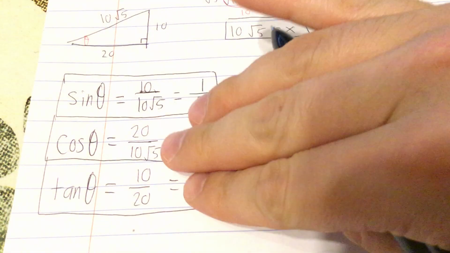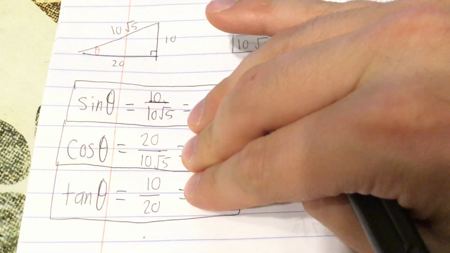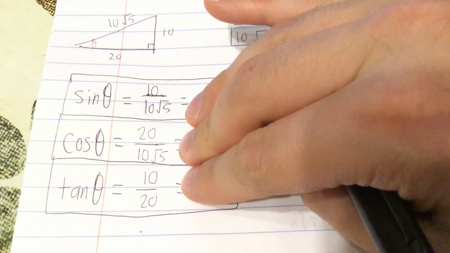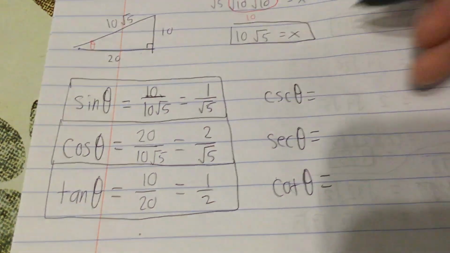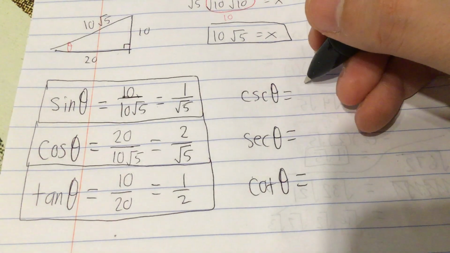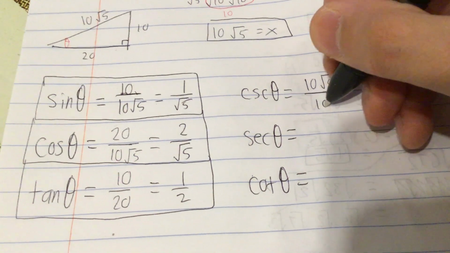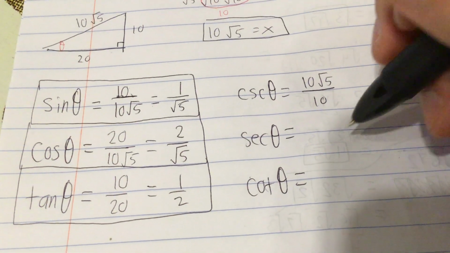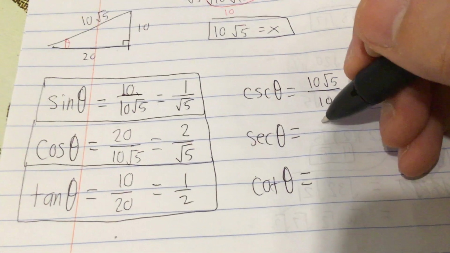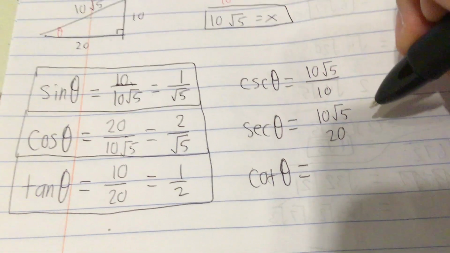So if your answer was not simplified, how would I flip each individual ratio? Okay, so the cosecant of angle theta would be 10 radical 5 over 10. The secant of angle theta would be 10 radical 5 over 20.